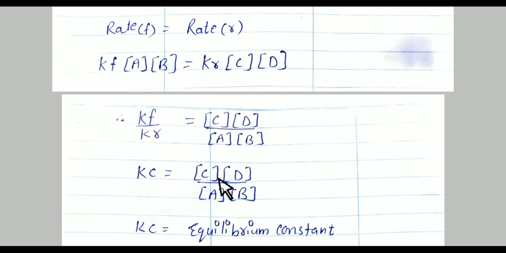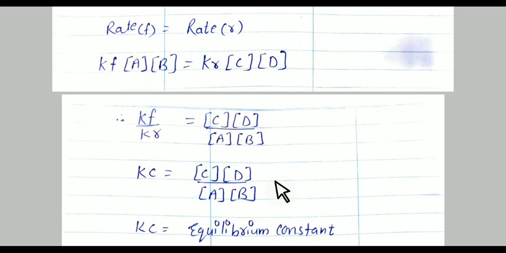And the formula of Kc is the ratio of concentration of product upon concentration of reactant. So this formula is for the forward reaction.